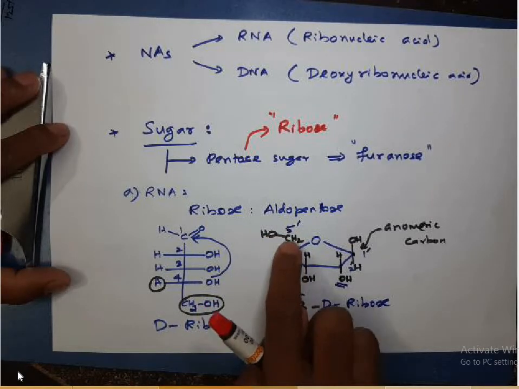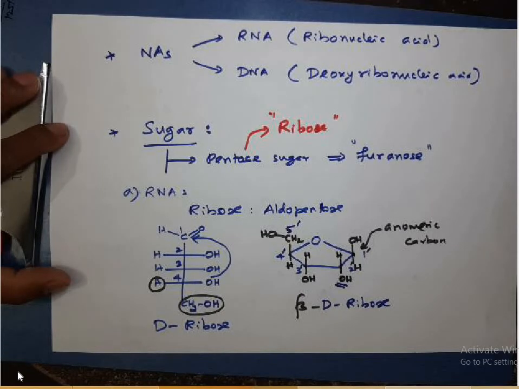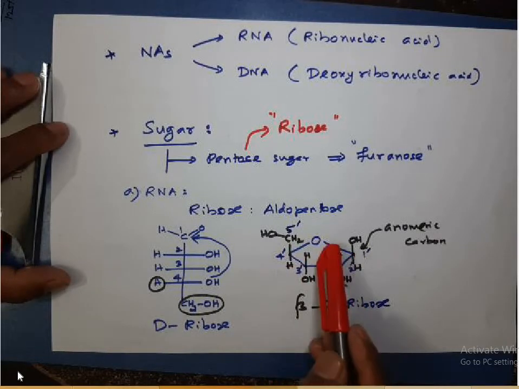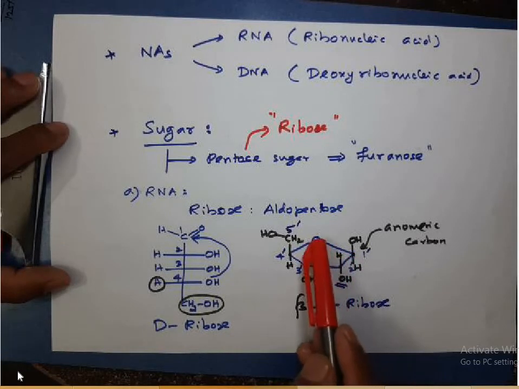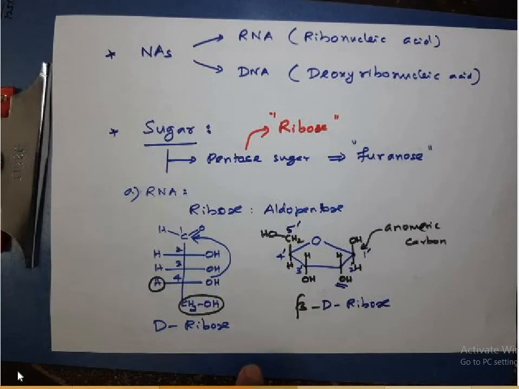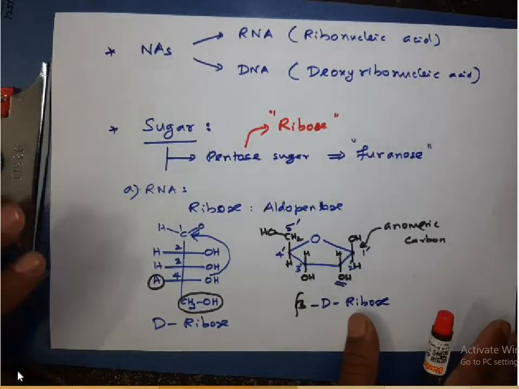That CH2 carbon is actually the 5 prime carbon. So it is a pentose sugar. It contains 5 carbon atoms. See the ring? The ring is a 5-membered ring. In the ring we have one oxygen atom here. So remember the structure, which is very, very important. So this is the RNA.